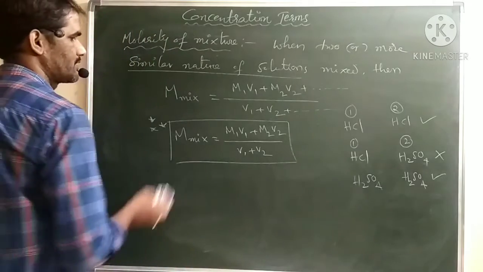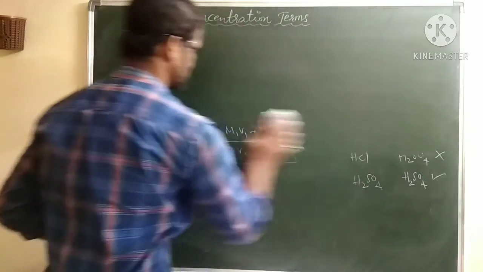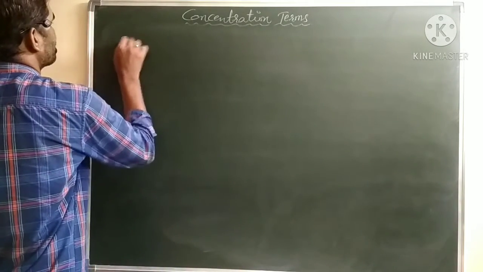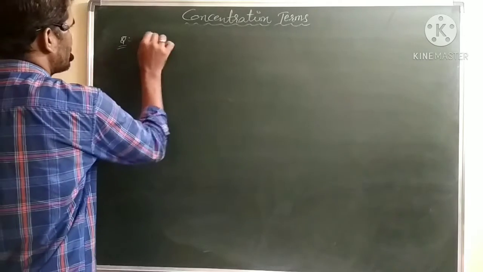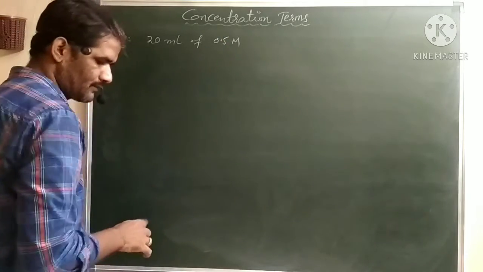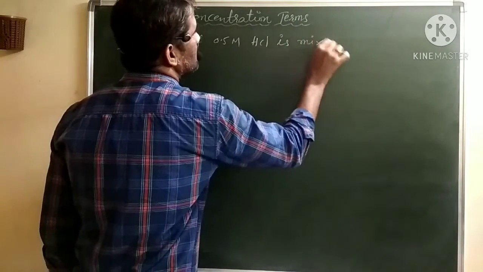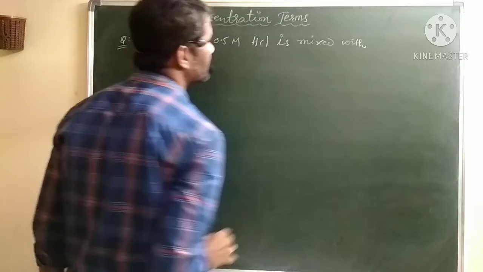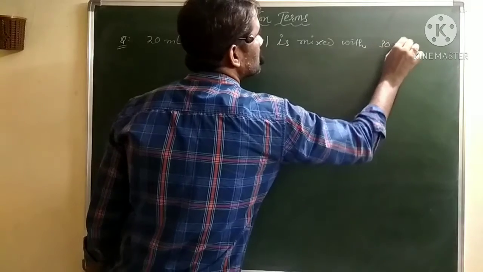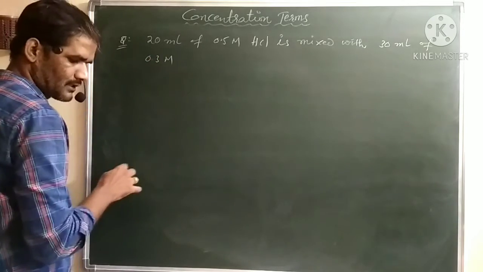Let us take some questions based on this. 20 ml of 0.5 molar HCl is mixed with 30 ml of 0.3 molar HCl.